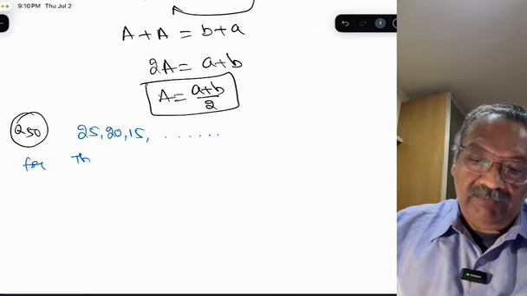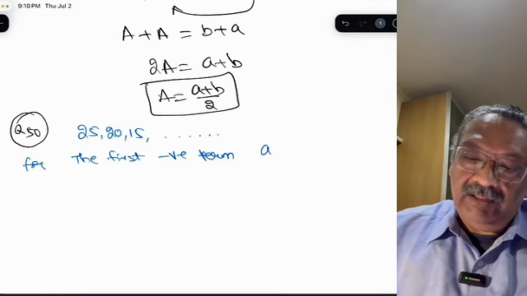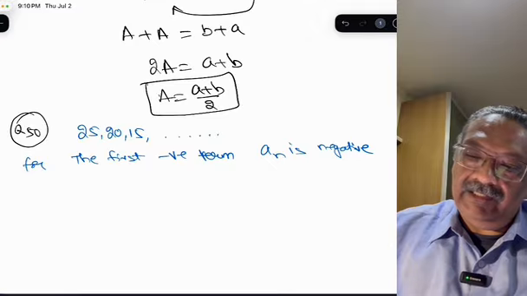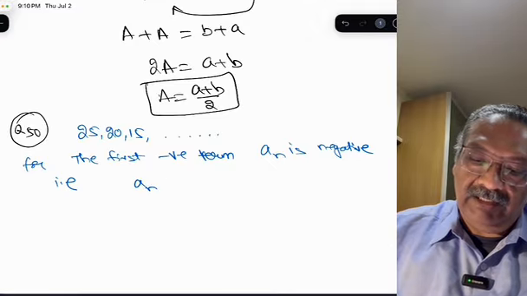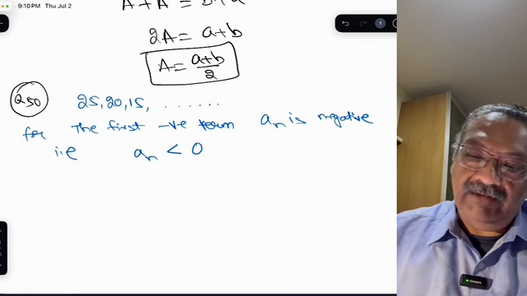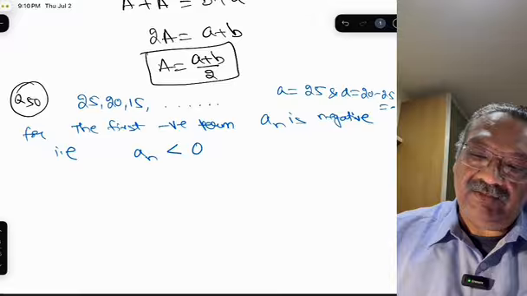For the first negative term, an is negative, that is an less than 0. Here we have a is equal to 25 and d is 20 minus 25 is equal to minus 5.